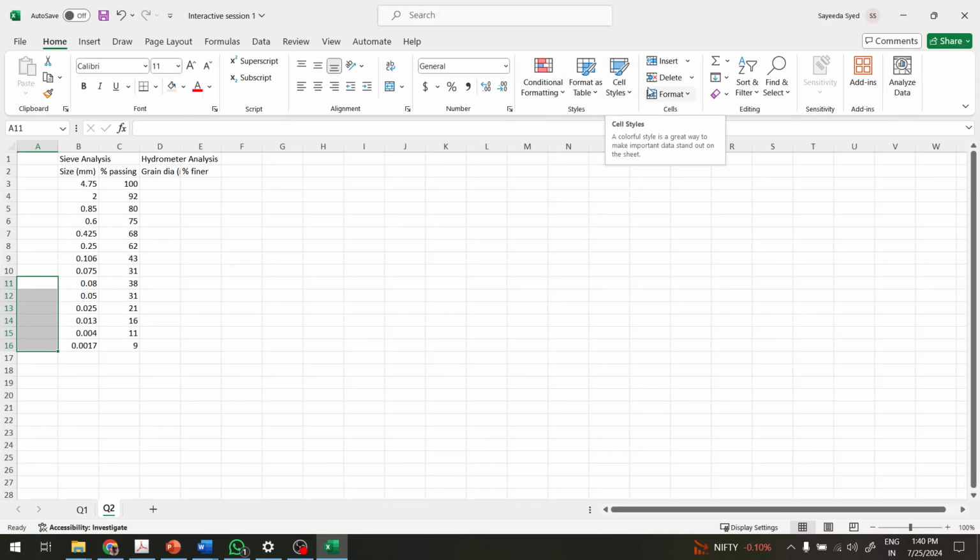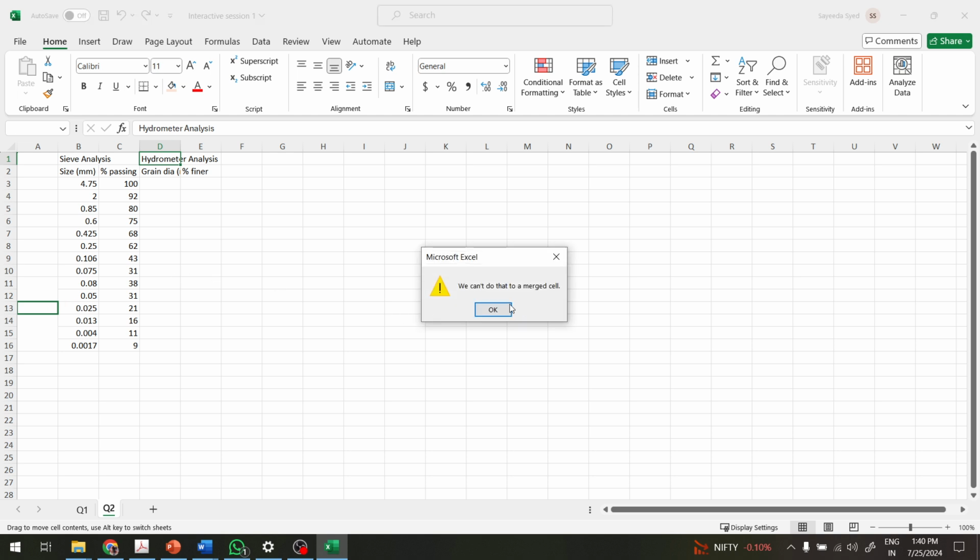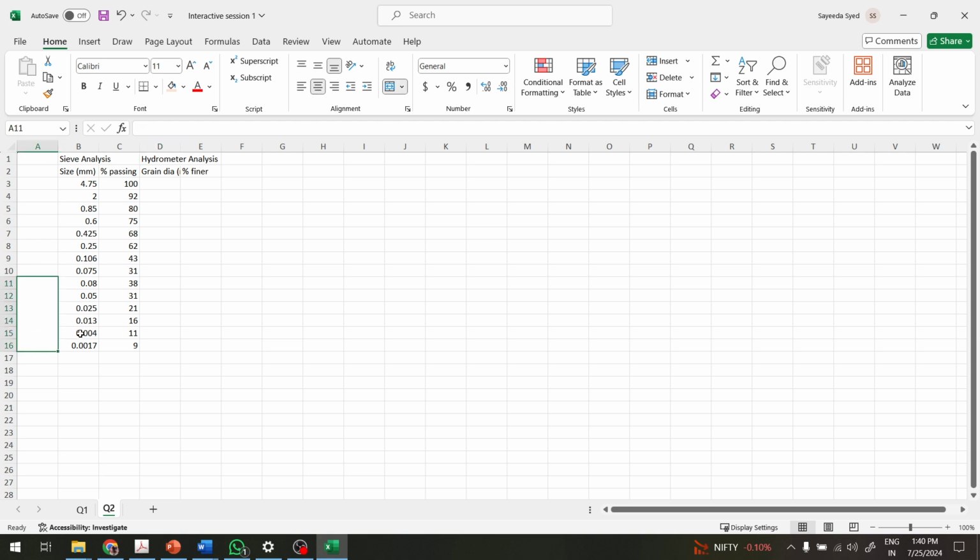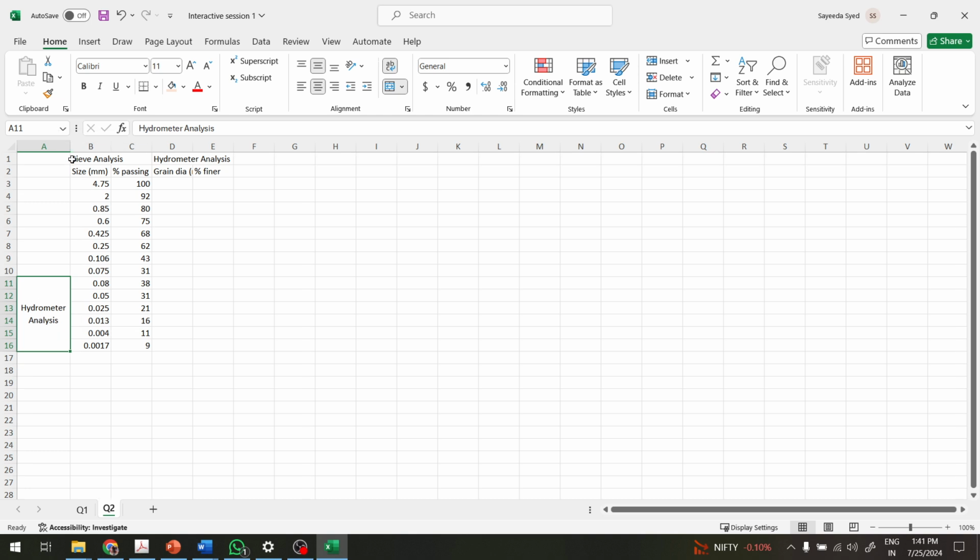So till here we have hydrometer analysis. So this is hydrometer analysis. And this is sieve analysis.